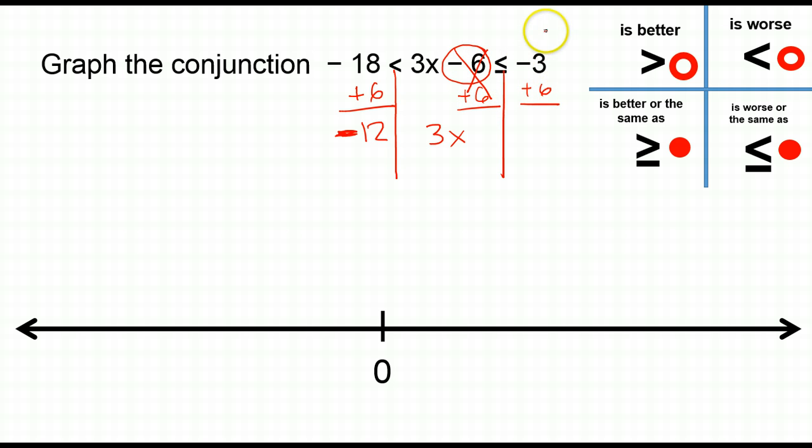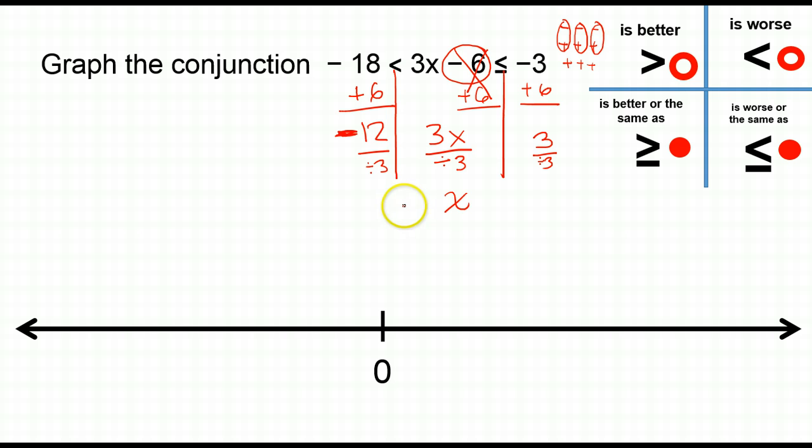I will draw this one out. I have 3 negatives and 6 positives. So 1 take away 1 is 0, 1 take away 1 is 0, 1 take away 1 is 0. I'm left with 3 positives. Again, a lot of people know this, but 3x, that little symbol there, is multiplying. What's the opposite of multiplying? Dividing, right? Divide by 3, divide by 3, divide by 3.